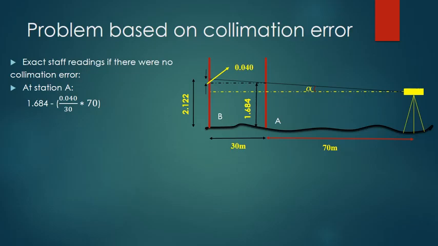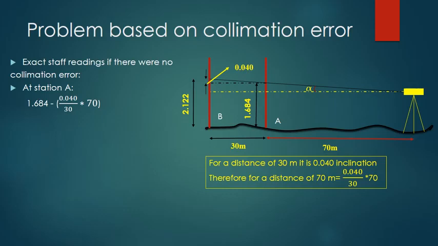So how does this value of 0.040 divided by 30 into 70 come up? Let us see here. For a distance of 30 meter, the error amount was around 0.040. However, for a distance of 70 meters, it will be 0.040 divided by 30 into 70.